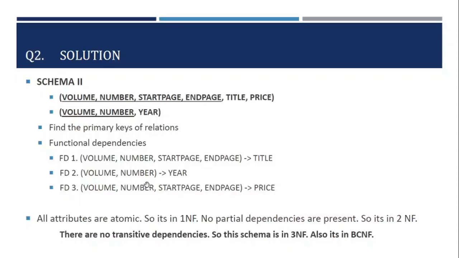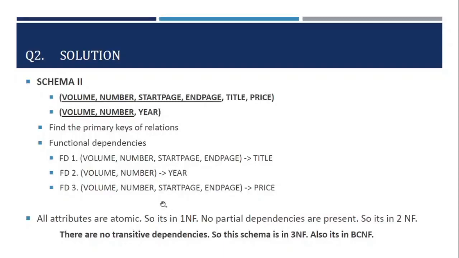According to FD2, volume and number is the primary key, and year depends fully on the primary key. As a result, schema 2 is in second normal form because there are no partial dependencies present.